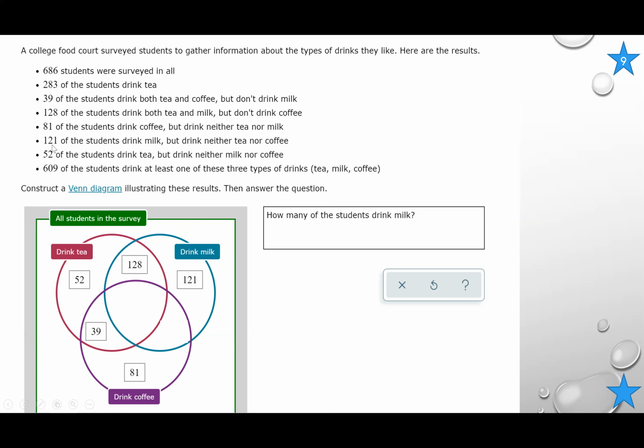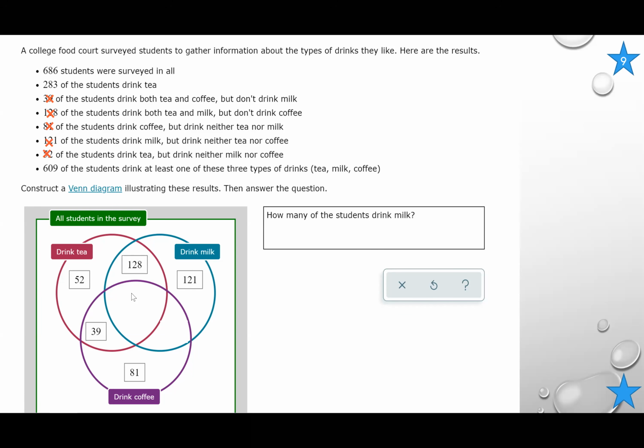So now we have a small problem, right? We have 1, 2, 3 different regions that we have not filled in. And again, we used this number, 39, and these other numbers. So what else can we do? Well, do you agree that they give us 283 drinking tea? Meaning the tea circle, my red circle, do you agree that the total capacity of this tea circle is 283?